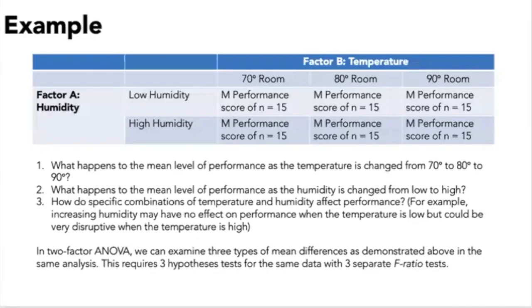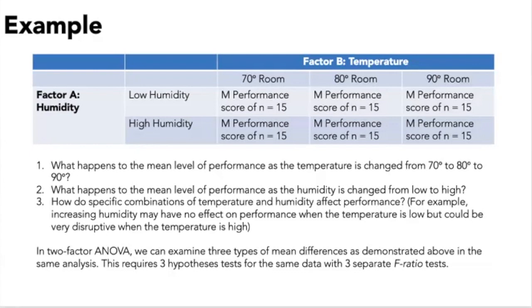Now, let me give you an example here. Here you would notice a table, and on the left side, you have factor A, that is humidity. And on the columns, you would see factor B, that's the temperature. Now, here I haven't specified what exactly is meant by performance. Let's say performance on an exam or something like that.